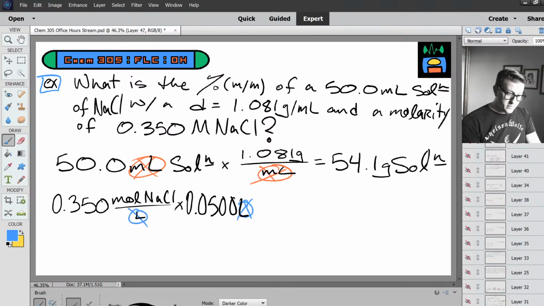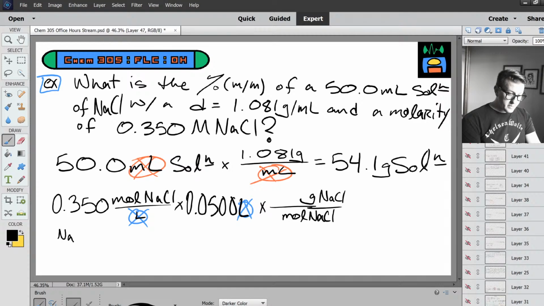So volume, liters cancel liters. Now we're left with moles. Second, we've got to convert from moles of sodium chloride to grams.